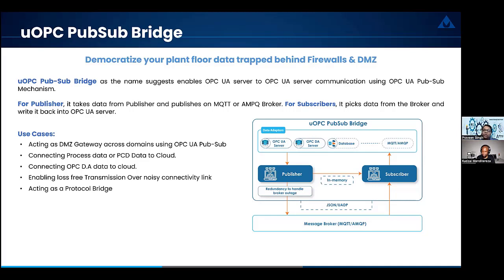Again, you can use PubSub. You can have subnet 1 with a publisher pushing data to a DMZ layer broker in a secure TLS with OPC UA security built in. And in subnet 3, another instance picks up that data and maps it back to the different points. That way you are moving data from subnet 1 to 3, which was not possible until that time.